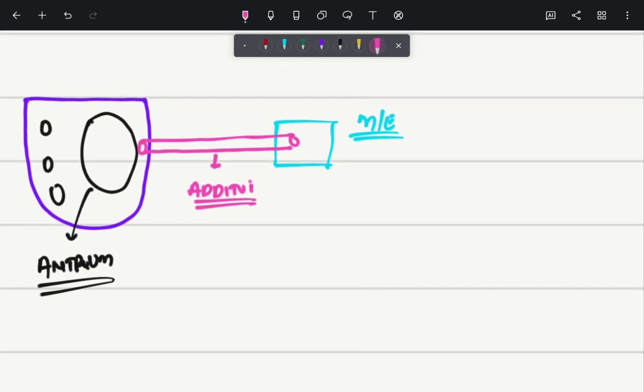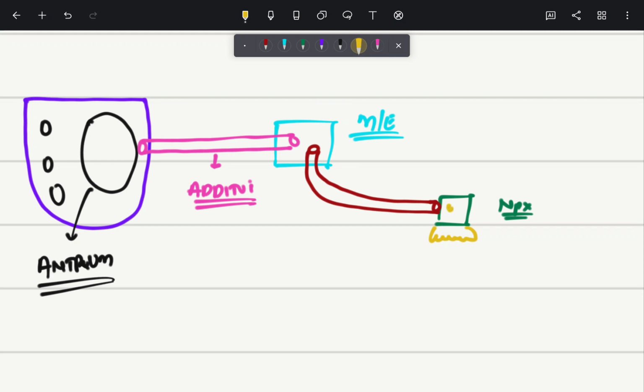Okay, we will draw the nasopharynx also. Here is the nasopharynx, and what was the tube that is connecting the middle ear and the nasopharynx? It was the eustachian tube. So once again, this guy got infection by the Streptococcus pneumoniae. There was infection of nasopharynx.